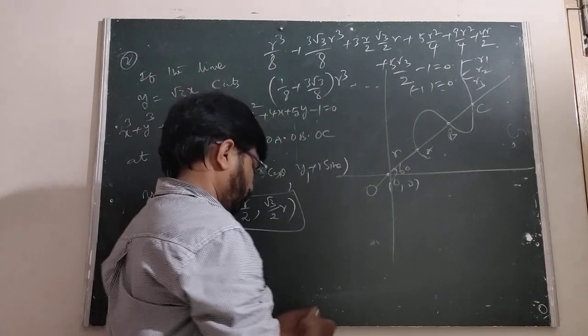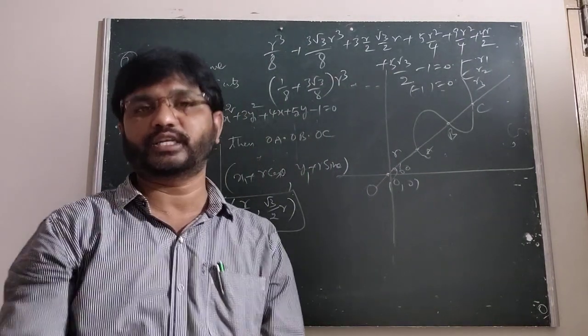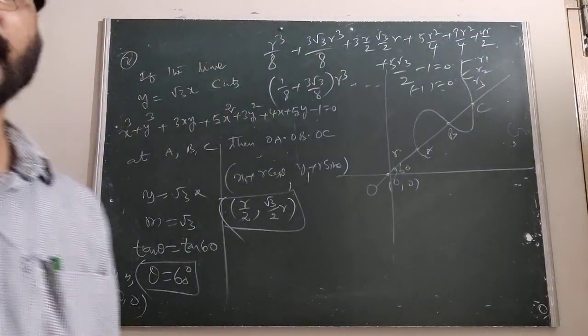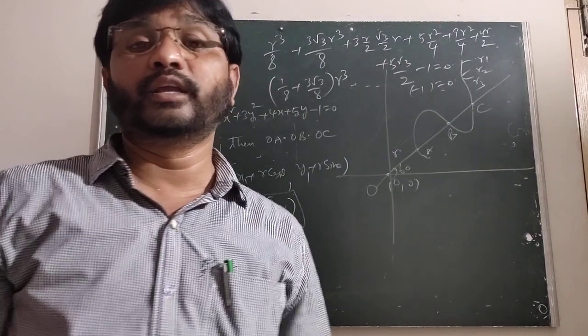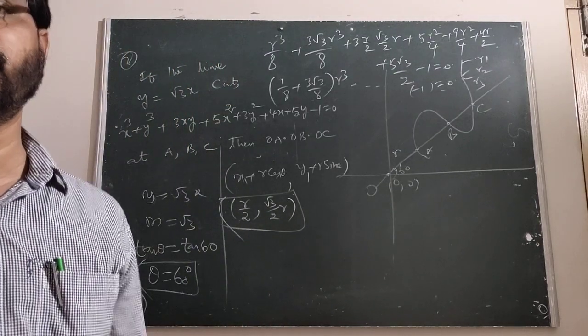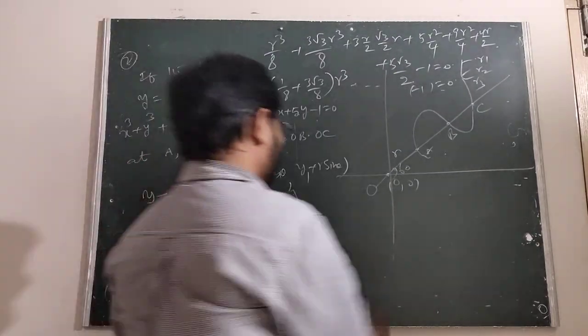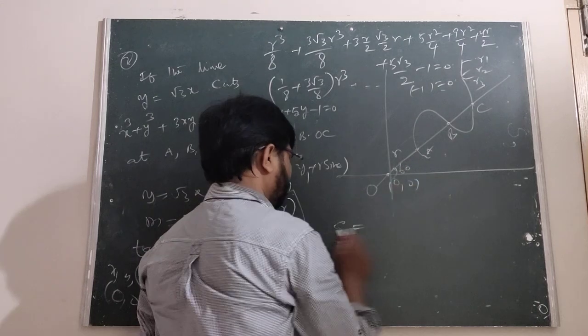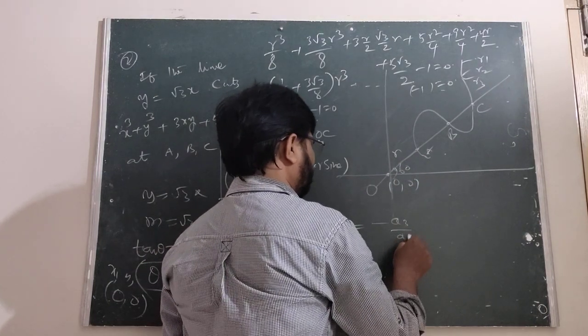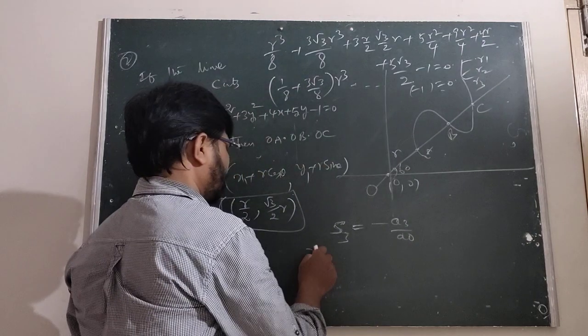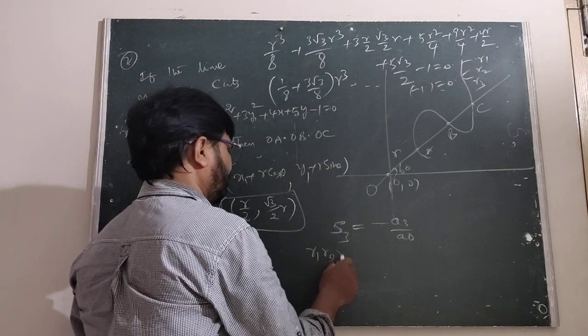Product of the roots: we know the relation between the coefficients and roots in the theory of equations. S3 is minus A3 by A0. S3 means the sum of the products of the roots taken 3 at a time.